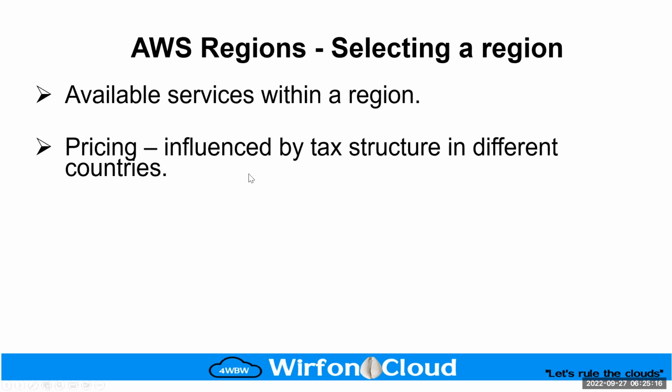You also have to think about cost. An example could be that there are some areas in which a company can find the tax structure in particular regions much more favorable than in other regions. So that's something important to keep in mind.